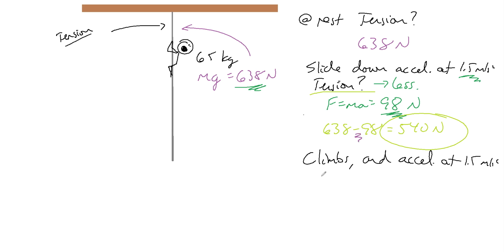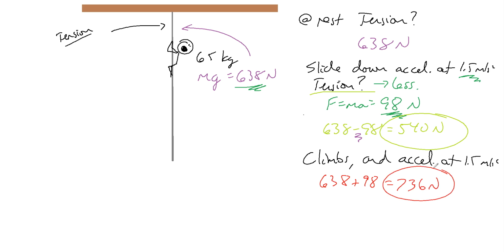We'd start with the 638. That hasn't changed. But instead of subtracting the 98, we are going to add the 98 newtons because there's going to be more tension on the rope. And if we do that, we've got 736 newtons would be the new tension.